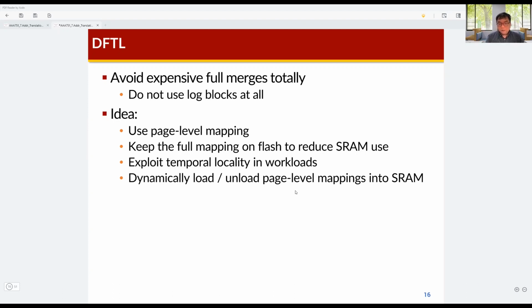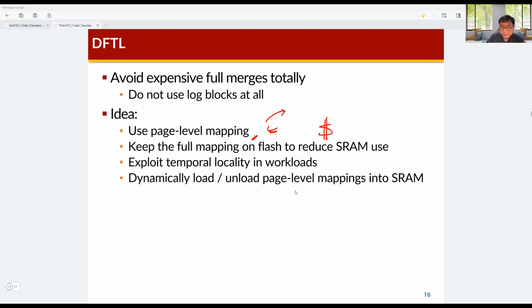Okay, so if the page level mapping is better, then we can apply the page level mapping. The problem is the large translation table size, and we can tackle this issue with a caching mechanism. That is the main idea of this DFTL paper.